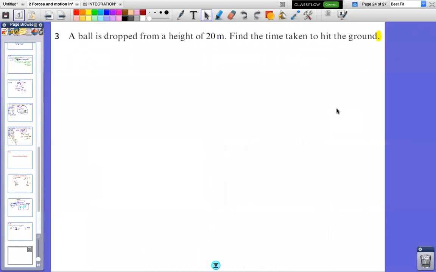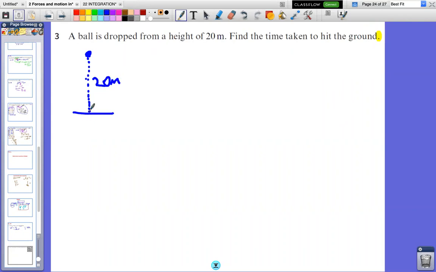The ball is dropped from a height of 20 meters. We are asked to find the time taken to hit the ground. So we can make a sketch. Sketches are always important. It is dropped from a height of 20 meters.